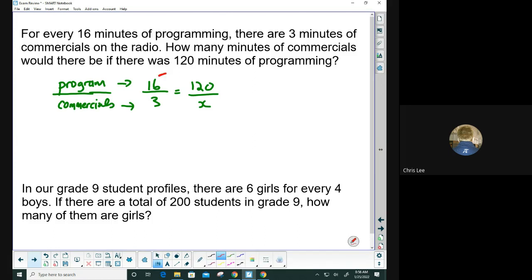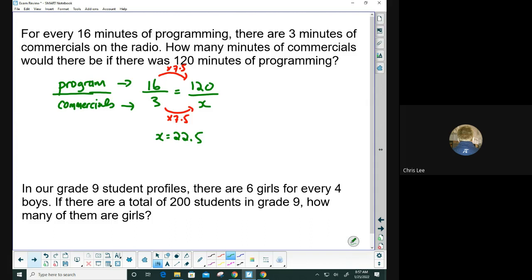So if I go times 7.5, I could probably do that. What's 3 times 7.5? So that multiplication wasn't too difficult, so that would be okay.